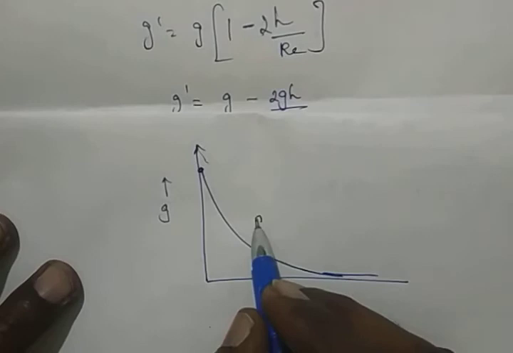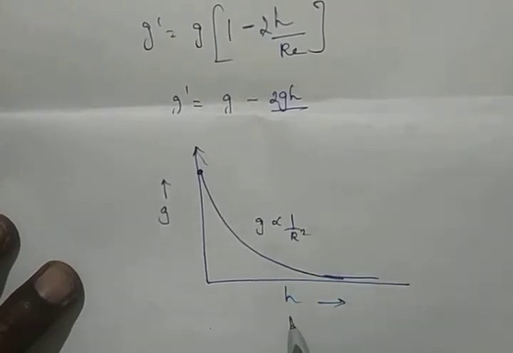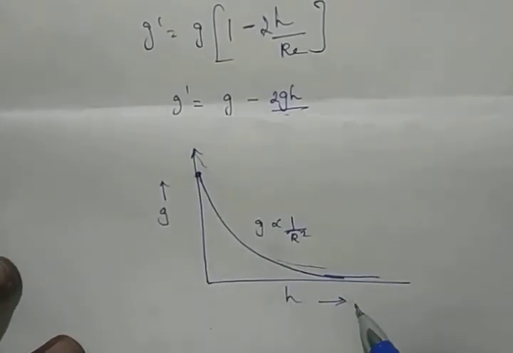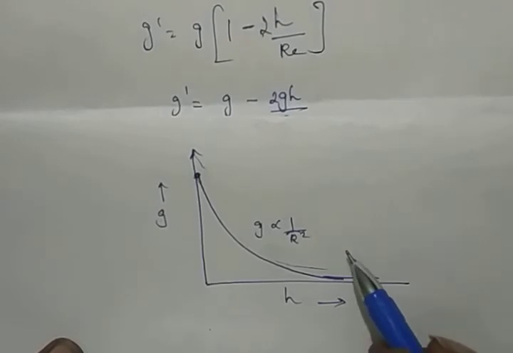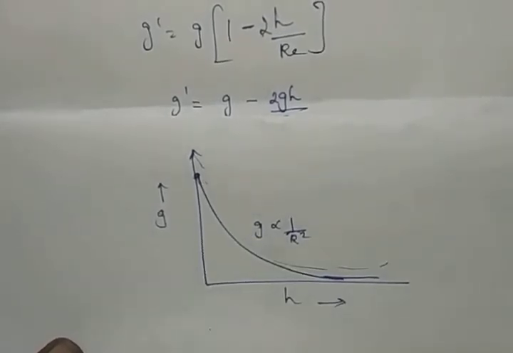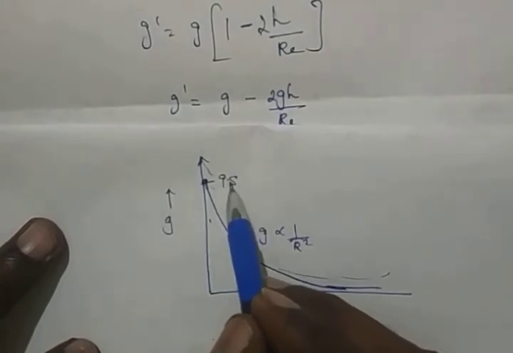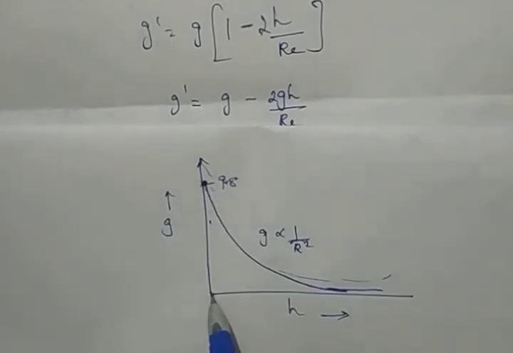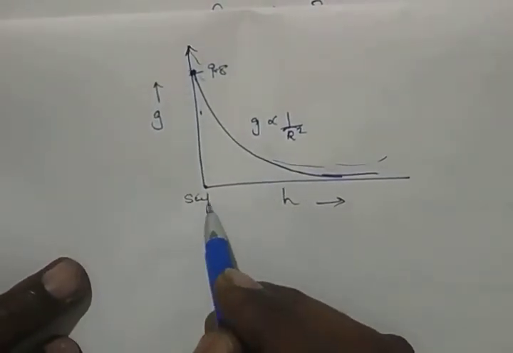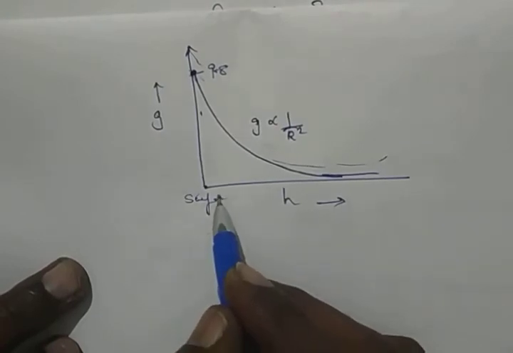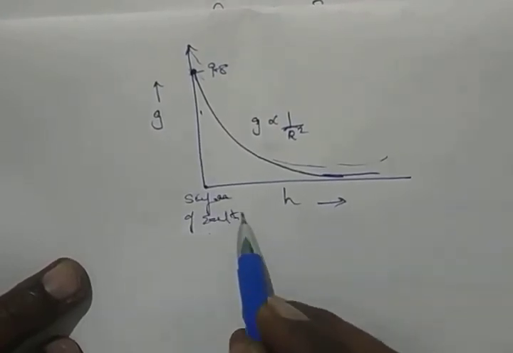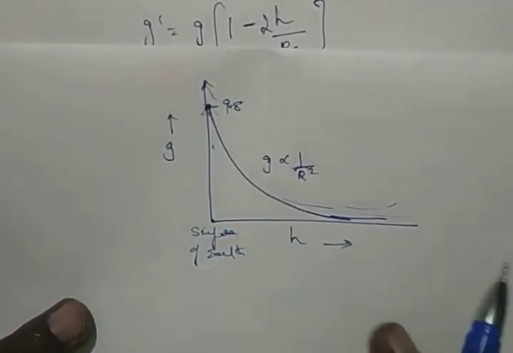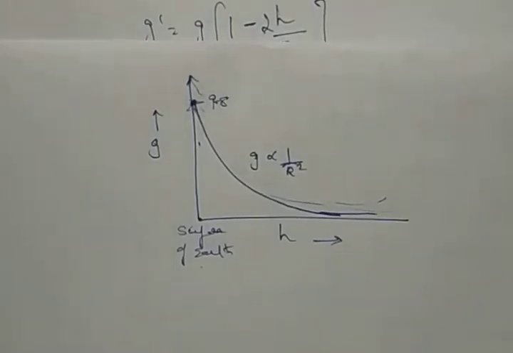So G is inversely proportional to R square, inversely proportional to the square of the distance. That's what you will find here. And what is this one? The value here is 9.8. This is at the surface of Earth. That is the point that we talk about. And then it is going above in height. And how will this variation be? The variation will be like this. Alright? Okay.